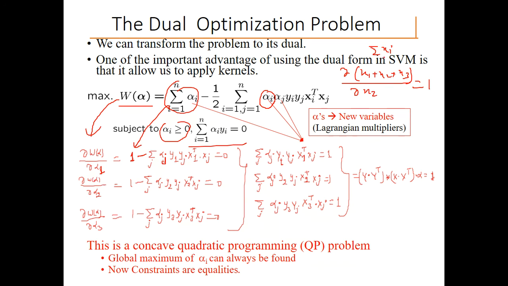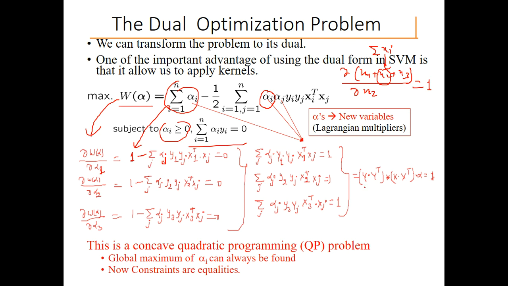Summation of xi can be written as x1 plus x2 plus x3 if n is equal to 3. So only one term contains x2, remaining will be 0. That is why it is 1. Similarly, here you can see the multiplied by half is also removed.